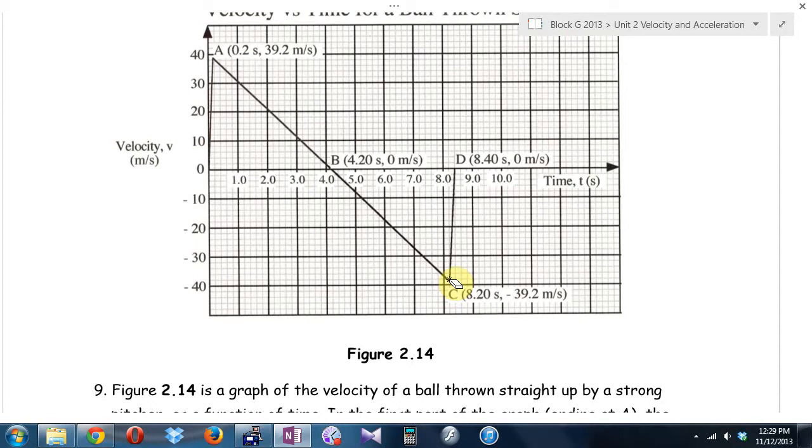And have you ever played catch with an egg? Okay, you've done that before with a raw egg, right? How do you play catch with a raw egg? How do you catch it? What do you do? Okay, what you want to do, Shaq, is increase the time as much as you can, because if instead of being from 8.2 to 8.4, 0.2 seconds, you make it longer, that means this line, instead of going near vertical, would go like that, which means less acceleration.